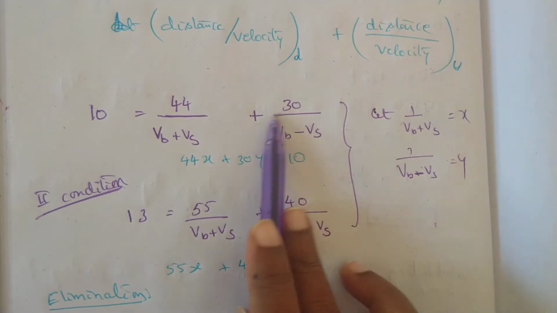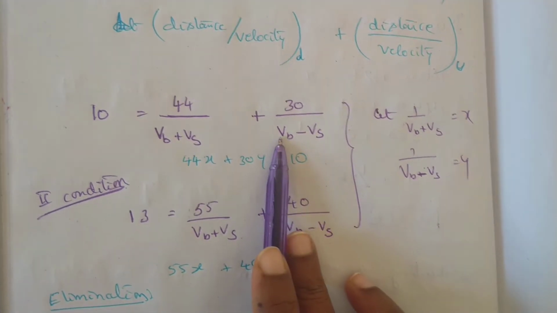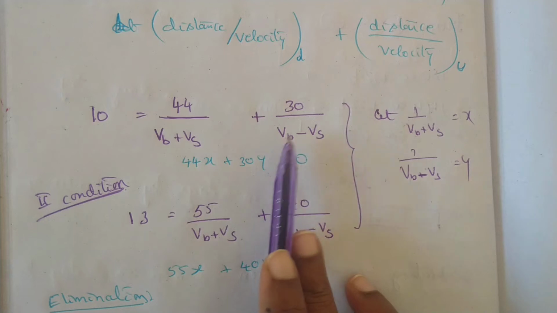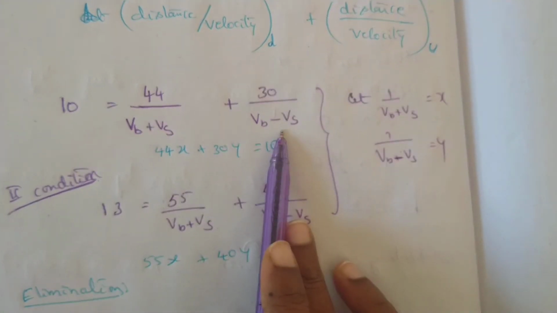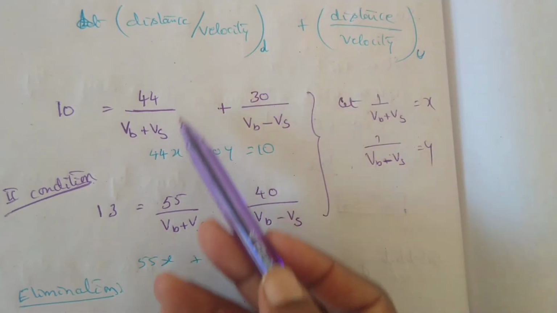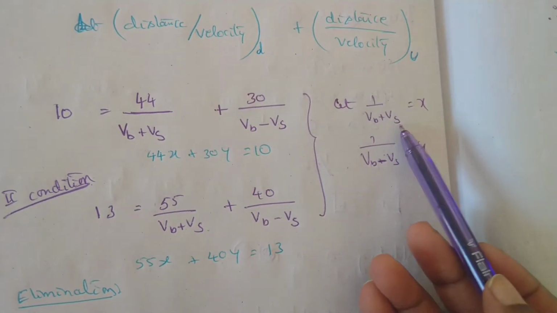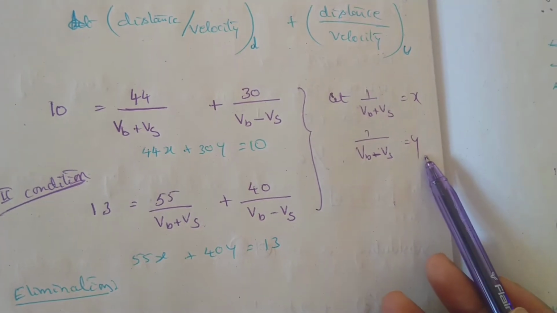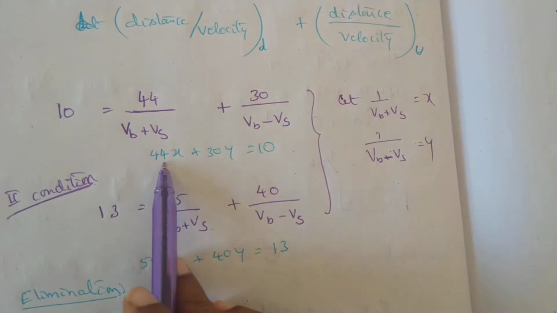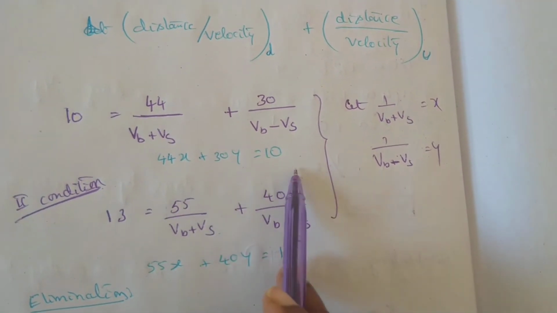And upstream, the velocity of the water is subtracted from this. So this is how we can write the equation. Now we know how to solve this one. Let 1 by Vb plus Vs be equal to x, and 1 by Vb minus Vs be equal to y. Then this equation reduces to 44x plus 30y is equal to 10.